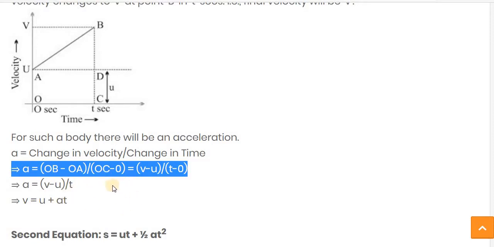But how did this equation come? For that, you can see that here the initial velocity is OA and the final velocity is BC, and this BC is made up of BD plus DC.